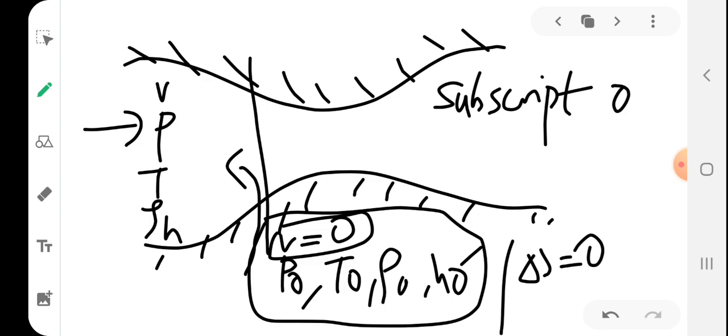Or you can define it in the opposite way: when you decelerate from the actual state to velocity equal to 0, the obtained state is stagnation. This is how we define stagnation property.